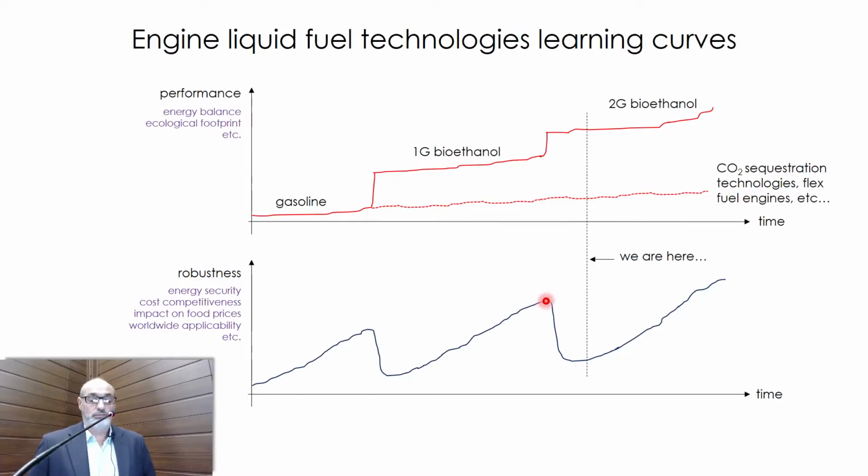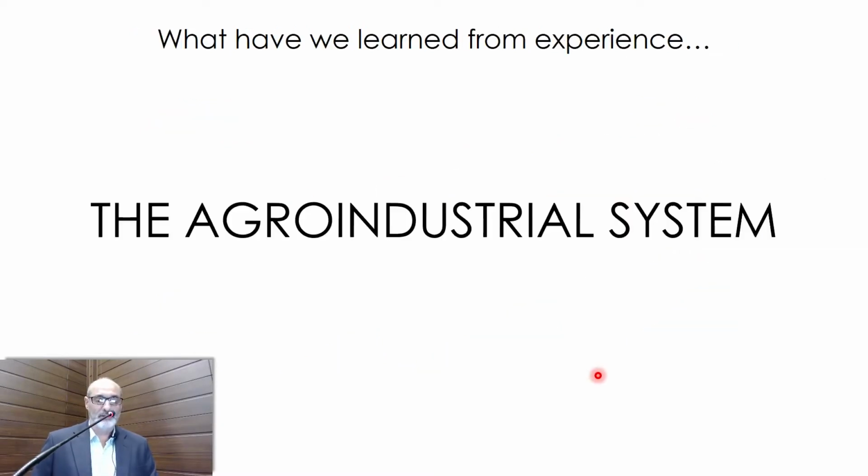So at this time, 68, we would be probably here, or actually here. And now we have many different types of fuels being made from many types of feedstocks. So, in my opinion, there's a lack of robustness.